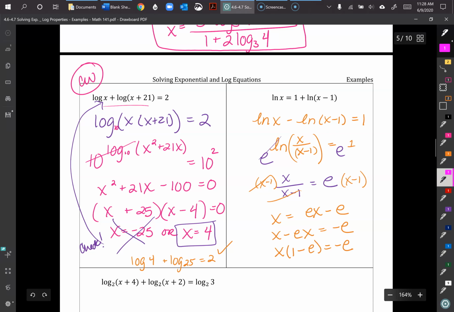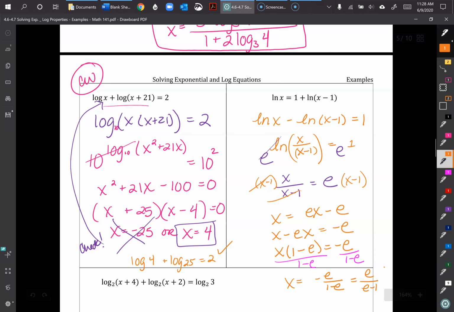Now I'm going to divide both sides by 1 minus e, and I get x equals negative e over 1 minus e. And you can leave it that way, or that also equals e over e minus 1, which is kind of a nicer format.